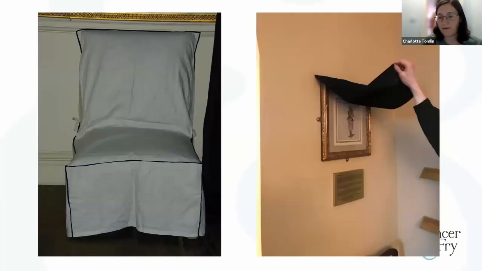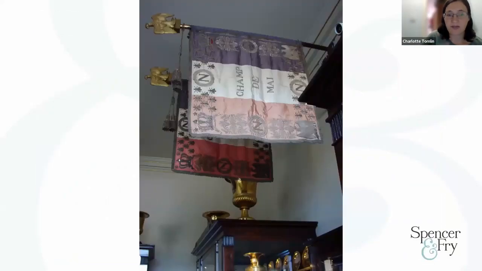And also for very vulnerable objects, you might want to consider covering them for certain times, or making the visitor engage with the object by opening drawers or lifting flaps, so that collections are protected from light unless they're being looked at. And also potentially rotating displays.